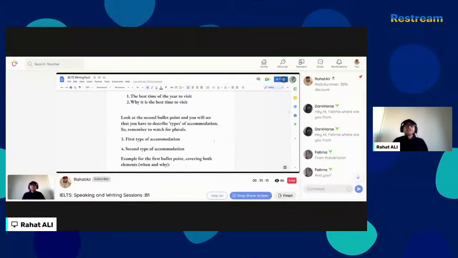And look at the second bullet point, and you will see that you have to describe types of accommodation. So remember to watch for plurals. First type of accommodation. Second type of accommodation.